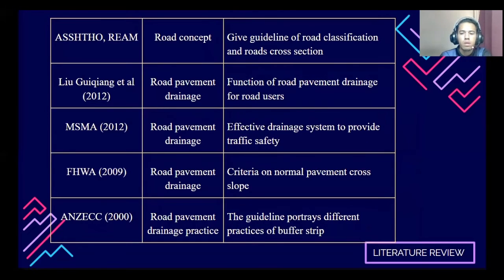Then the road classification and concept, and how road pavement drainage is required, the function of an effective drainage system to provide traffic safety, and the criteria of the pavement cross slope.